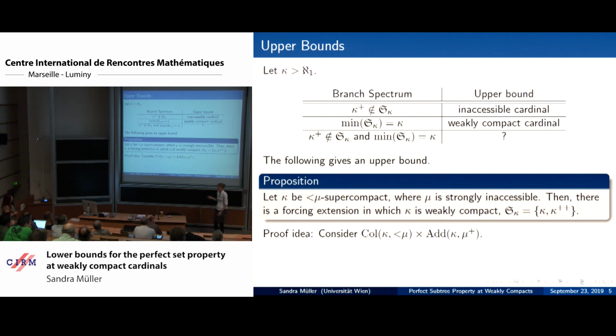What happens if we ask about kappa double plus? All of a sudden, the methods of inner model theory are completely out of the picture, because inner models tell us a lot about computing kappa plus correctly. But if we change the cardinal, we are asking about this. It is wide open. So this is maybe another interesting question if someone wants to think about that.